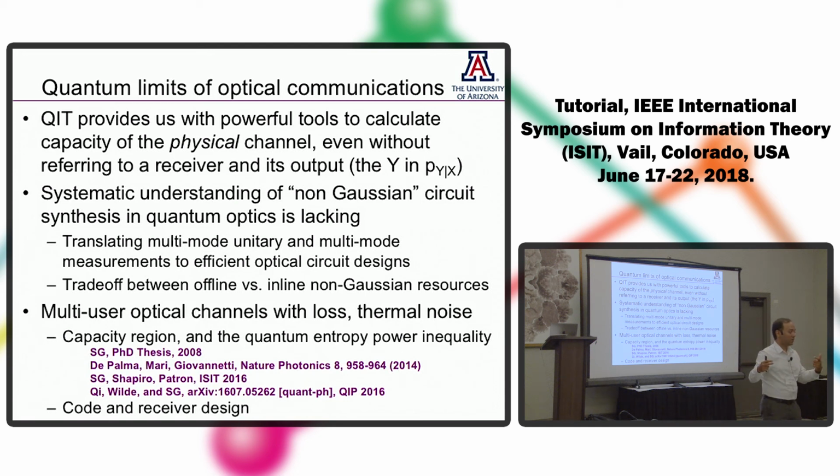That's a non-Gaussian resource, and there are ways to prepare single photons that experimentalists are working on. If you inject that single photon in an otherwise linear optical circuit with your code word that you are trying to demodulate, that also can give you the non-Gaussianness that you need. And in some contexts it might even be easier to do that compared to inline non-Gaussianness.